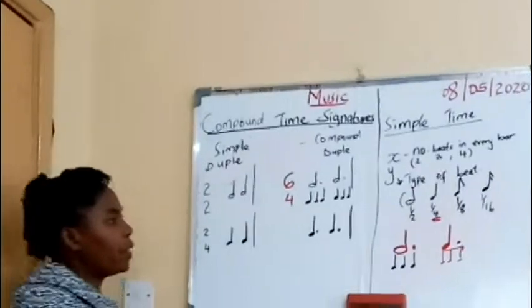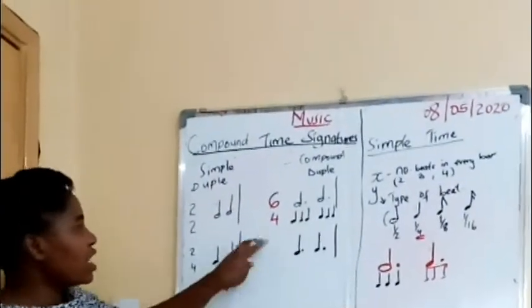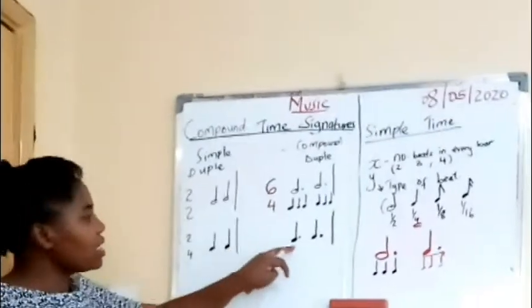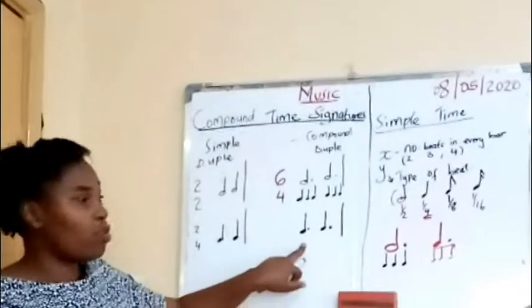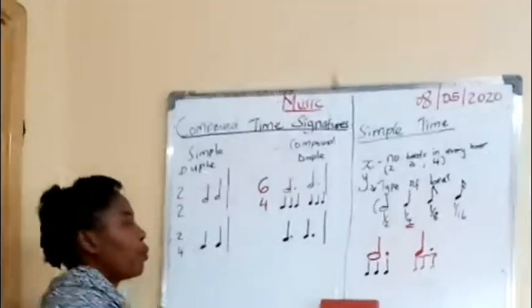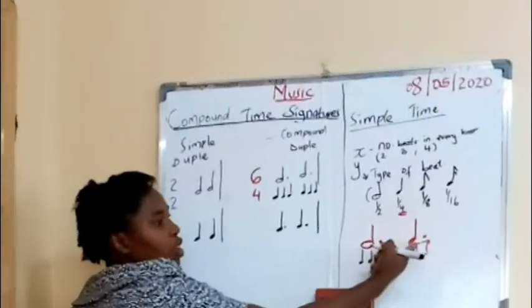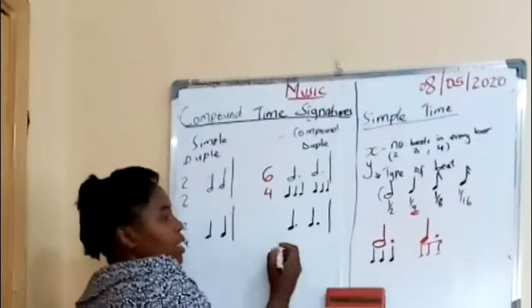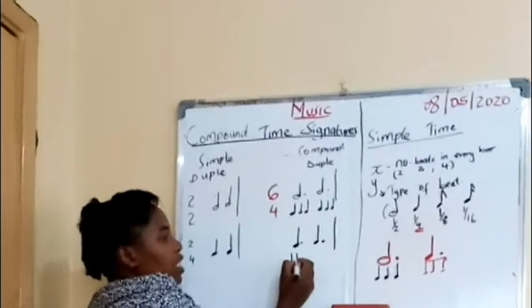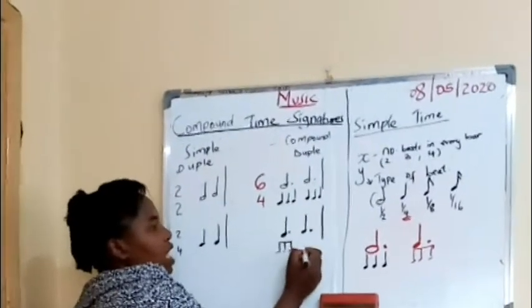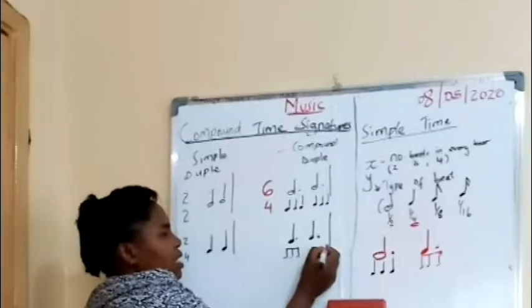Now, for us to write the time signature, we must first of all break this into 3 equal notes. A dotted crotchet is the same as 3 quavers. So these are 3 quavers, these are 3 quavers.